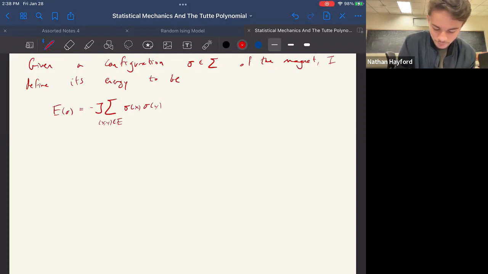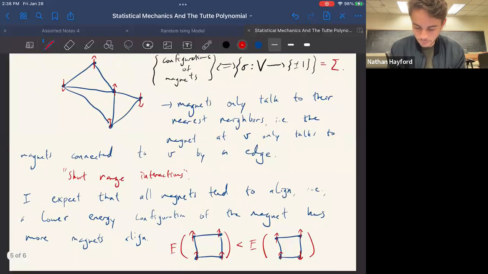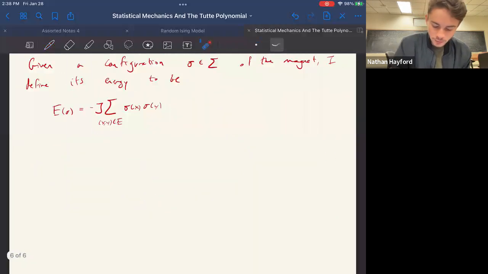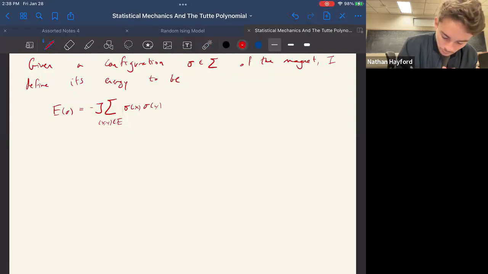So where does this definition come from? Think again back to the definition I gave of nearest neighbors. Spins, or magnets, only interact with their nearest neighbors. So only edges contribute to the total energy. So if x, y is an edge in E, let's take this edge.